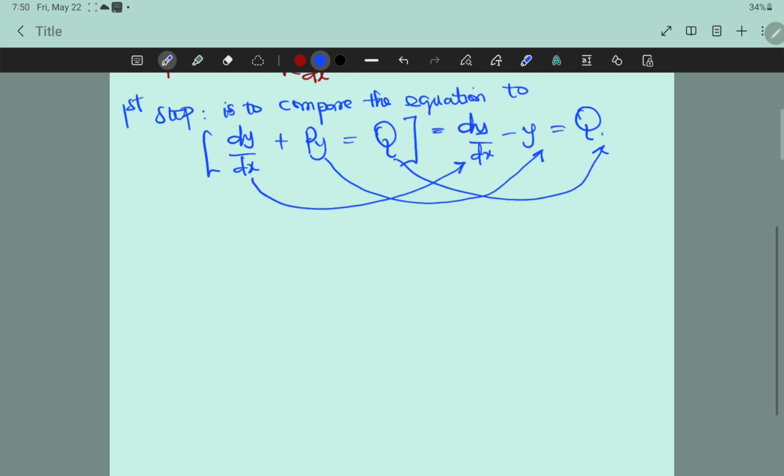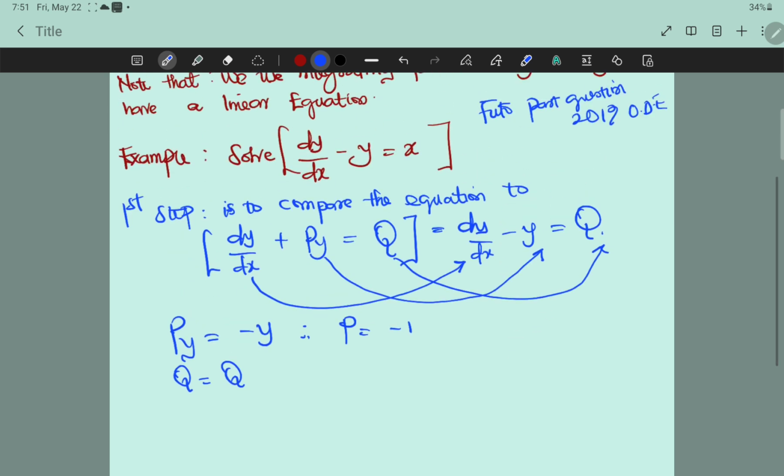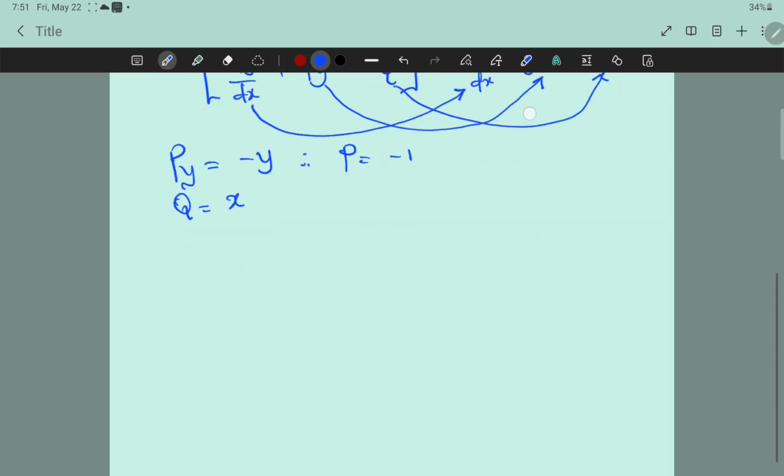So py is equal to negative y, which means p is equal to minus 1. And q is equal to x.